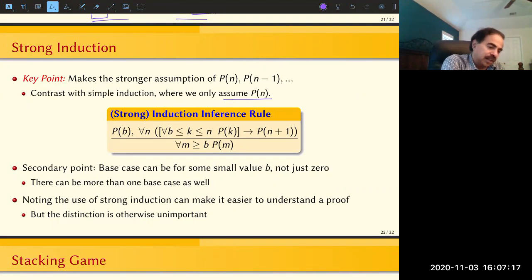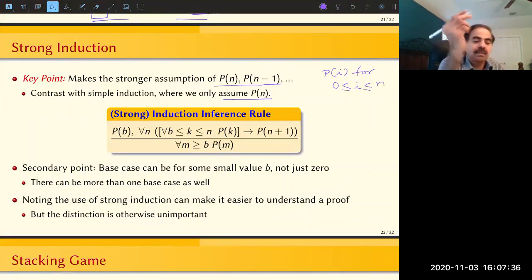In strong induction, we assume P of n minus 1, P of n minus 2, and so on. So we often end up assuming P of i for 0 less than or equal to i less than or equal to n. So this will be our induction hypothesis.